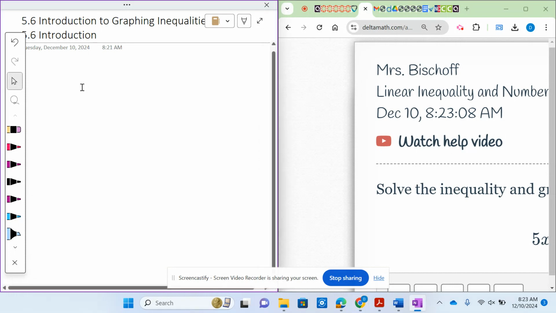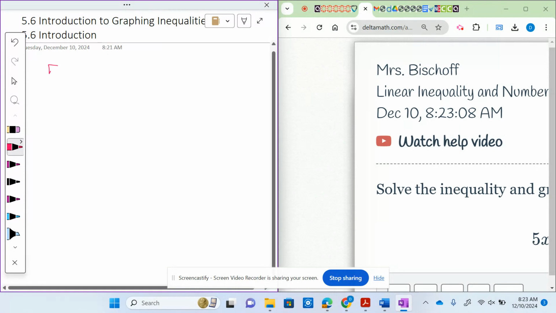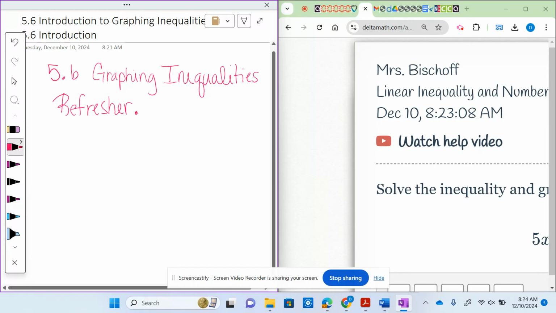So the first thing I want you to do, because you're going to put this in your journal, is label it 5.6 Graphing Inequalities Refresher. Okay.